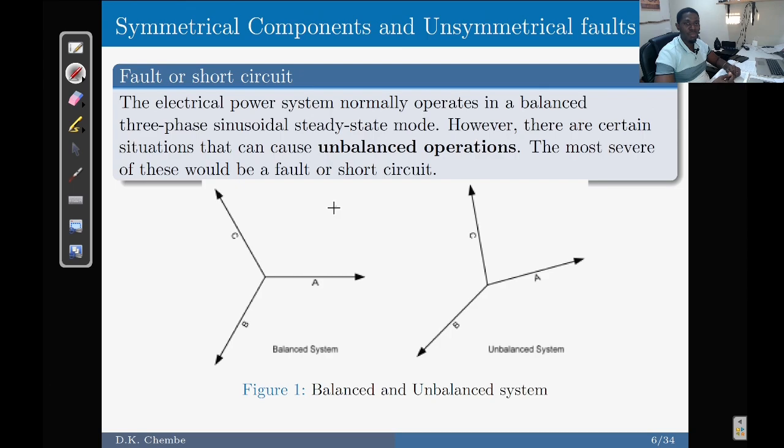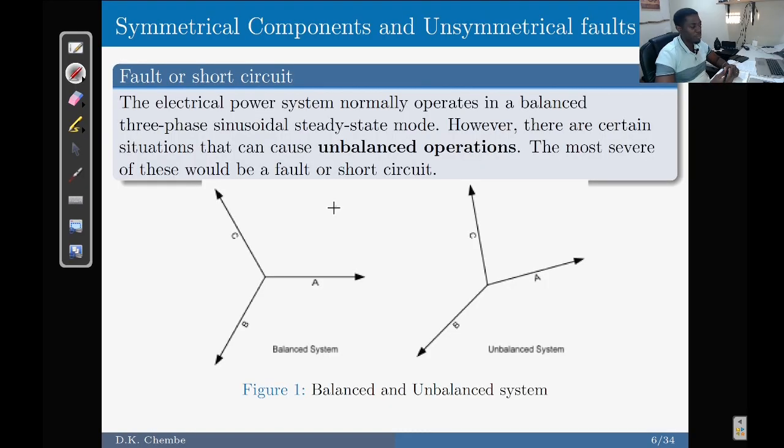Equally, we do get faults that come from switching activities in the system, switching stages, we call them. So these switching overvoltages can also affect the system and cause shorts. In other words, we also get what we call short circuits.